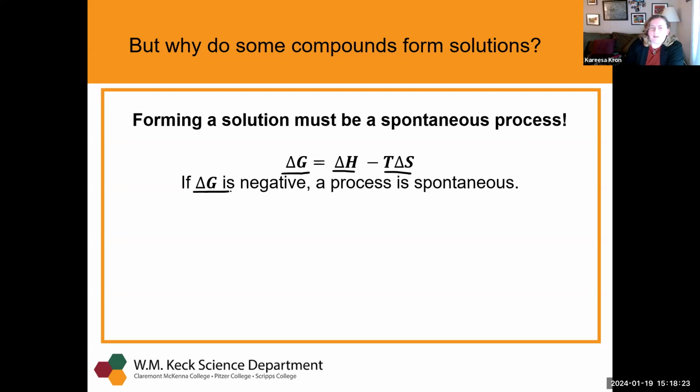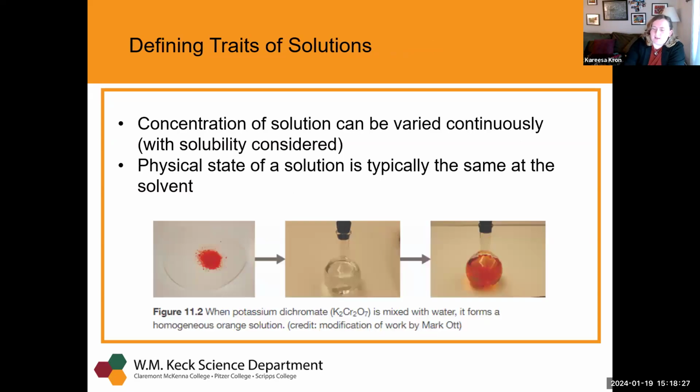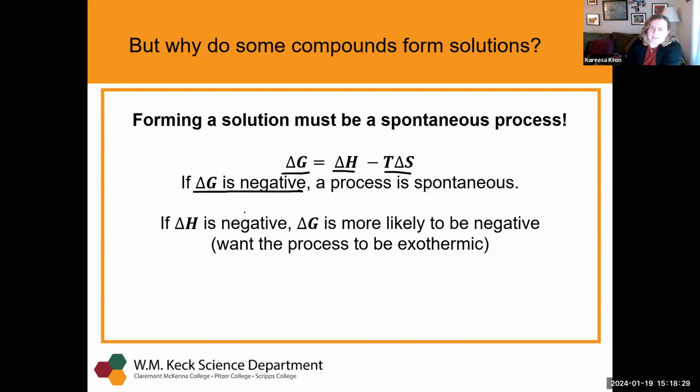So if we want this whole equation to be negative, then if we have a delta H that's negative, we're more likely to have a delta G that's negative. And that means that we want this process to be exothermic, or when we mix our solute into our solvent, we'd like it to produce heat because this will help make our process more spontaneous.